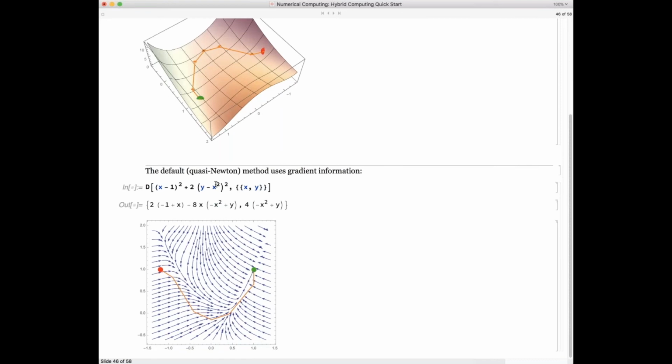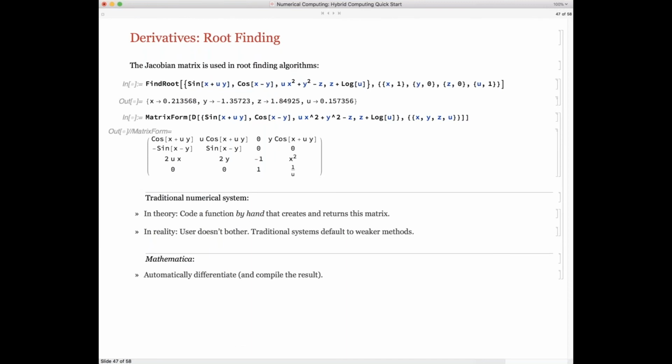This diagram shows the steps of the minimization algorithm over a vector plot of the gradient field of the objective function. Here's another example where root finding algorithms use the Jacobian to move forward towards the location of the nearby root. Here's a four-dimensional root finding problem.